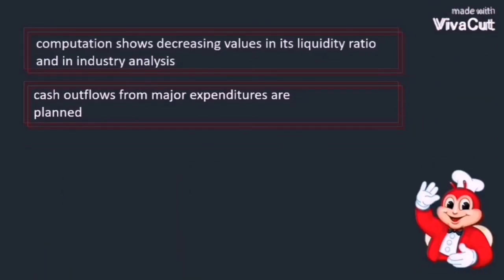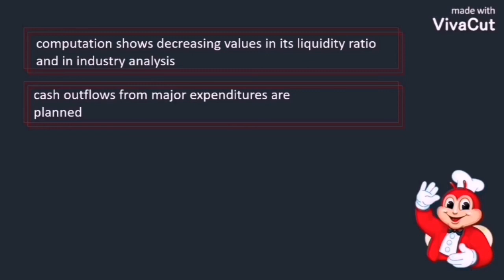While the computation shows decreasing values in its liquidity ratio and in industry analysis when compared to other competing companies, it does not mean that JFC is not liquid in its financial aspects totally. These decreasing values show that their liquidity has lessened over the years since 2015.